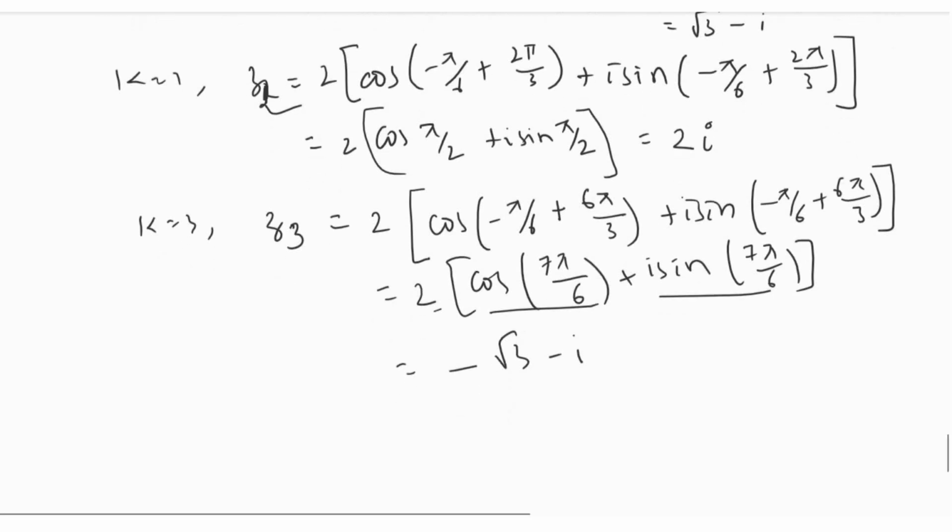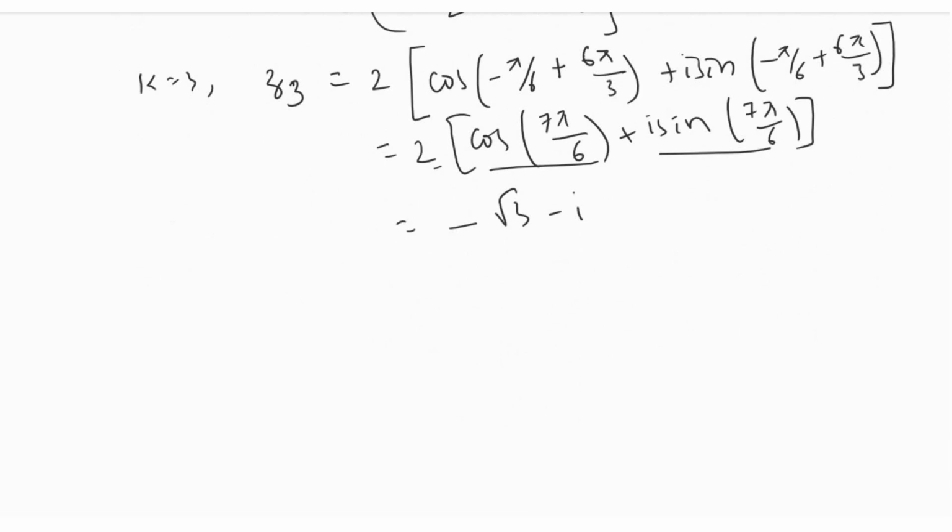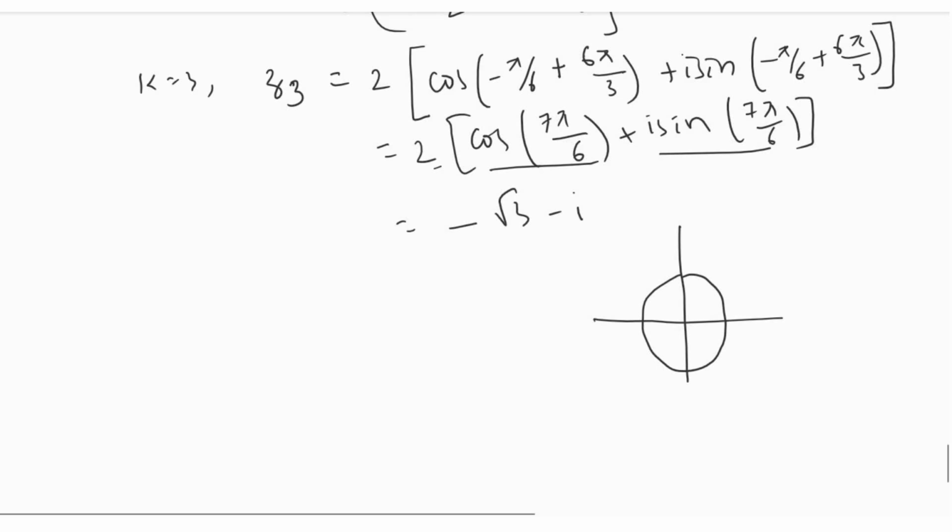Geometrically, if you try to draw this, the three numbers, that are the cube roots of minus 8i, are in this form. First, z1 is here, at angle minus pi by 6. The radius of this circle is 2.